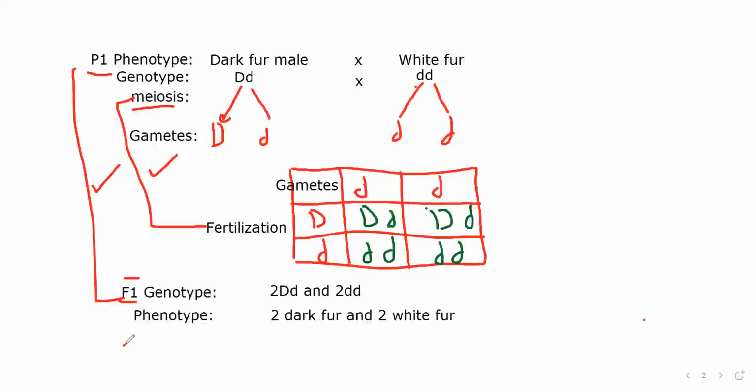Next, that's already 2 marks out of 6. We look at the phenotype. If well stated, not just dark versus white, then we give you 1 mark, provided, very important, we have this X here. This X here means mating. It means copulating, it means sex. So if it's not written there, then you lose that mark.